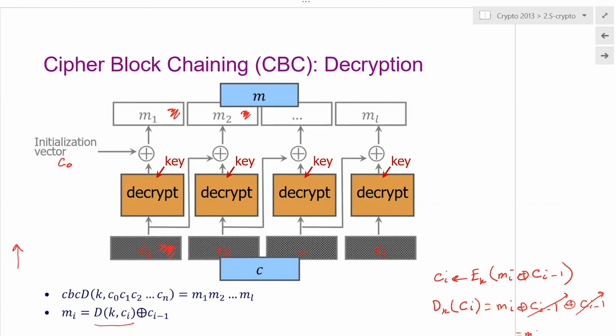As we said, from M3 on, we would get the correct messages. This transmission bit error on C1 only affected 2 blocks of the message. Unfortunately, but the good thing about this algorithm is that we only miss the corresponding message block and the neighborhood block, but the rest would be all okay.